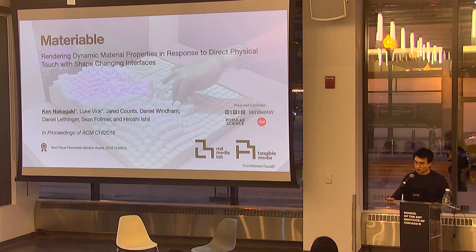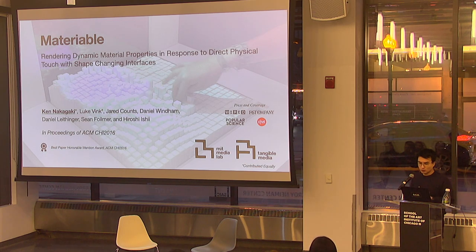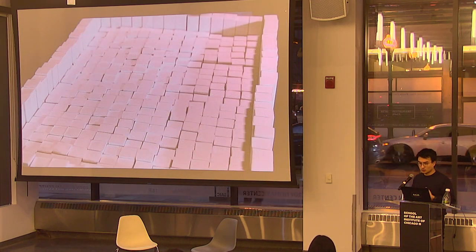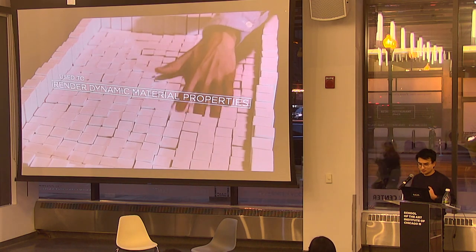Our materials around us, like the clay I was talking about, have so much rich materiality. So how can we create not only shape but also material properties was one question we had, and we had the idea to utilize the shape-changing display but combine it with some simulation.